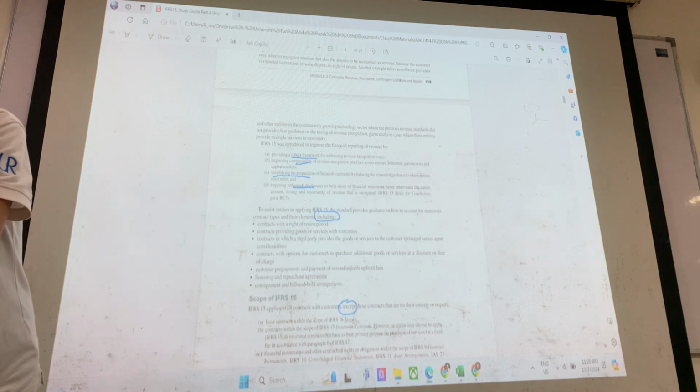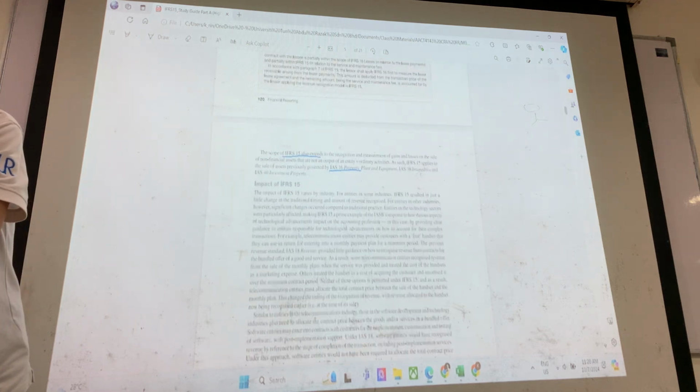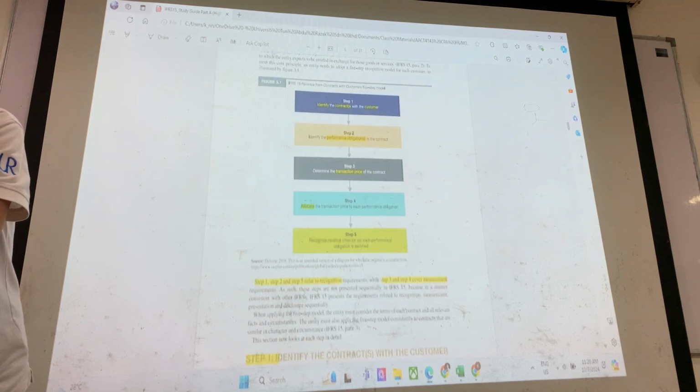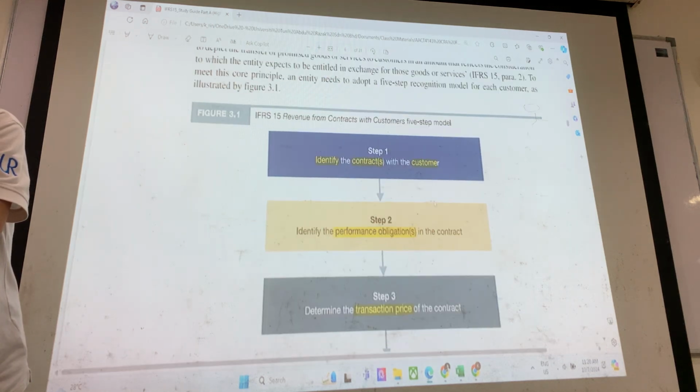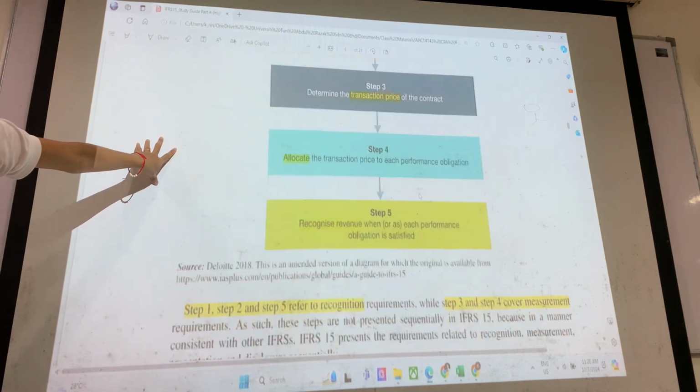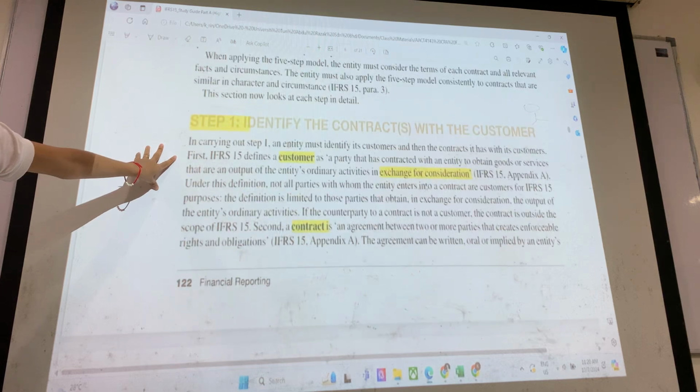So we started with a bit of benefit of why IFRS 15 is so good, and also sorry I missed out, there are 5 steps. So we are now looking at step 1, contract and customer. We have to identify contract and customer.